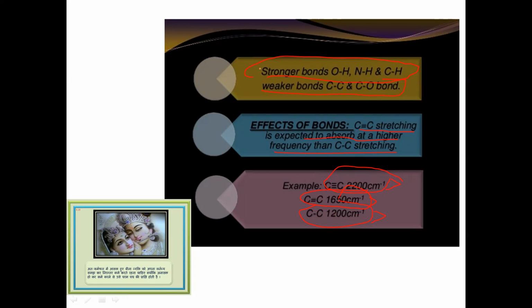And in CSIR NET it is also asked which is the stronger bond. One option is given, this one OH, and other is this one, and none of these. So it is the right answer. These are the stronger bonds and occur between OH, NH, and CH.